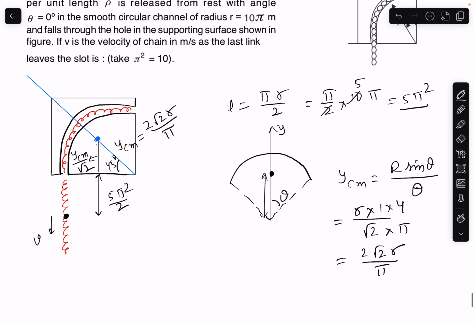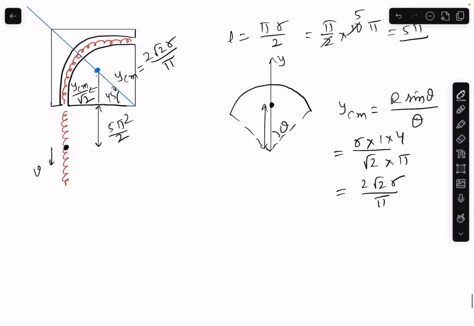So let's apply the work energy theorem between the initial and final position. The work done is only due to gravity, and gravity will do positive work here. So mg into (5π² by 2 plus y_CM by root 2).